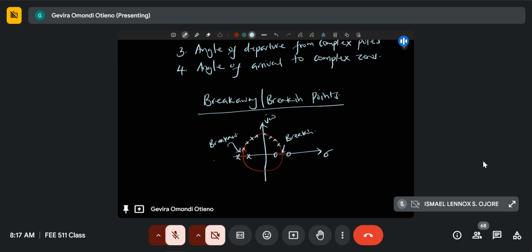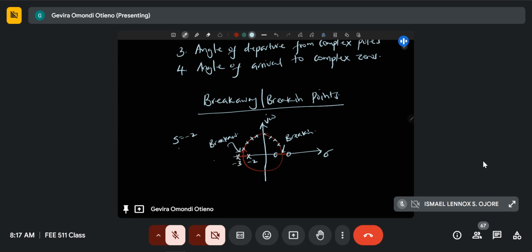Now, what I want you to remember is this. Because these poles are moving on the complex plane, we refer to the poles as complex in nature, so we represent them using S. That's why we say S is equal to -2, or in this case, let's say this is -2, this is -3.